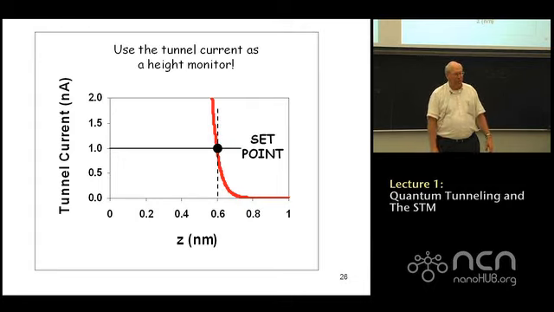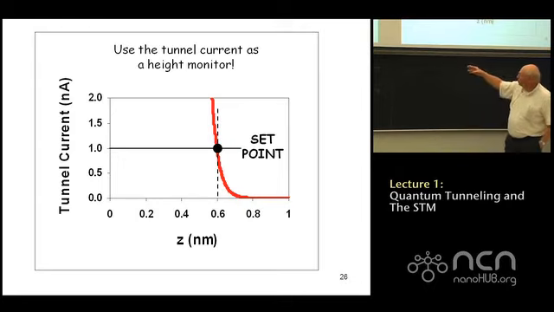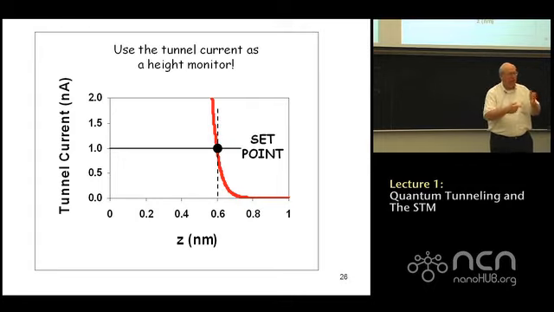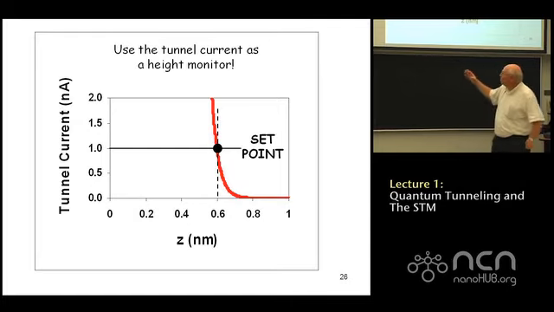And why that's a good idea is indicated schematically on this diagram, where I plot what an exponential variation in tunnel current would look like as a function of separation between tip and substrate for these alpha parameters on the order of 10 or 12 inverse nanometers. And you can see that the tunnel current rises up very sharply when you start to get to a tip substrate separation of about 0.6 nanometers.